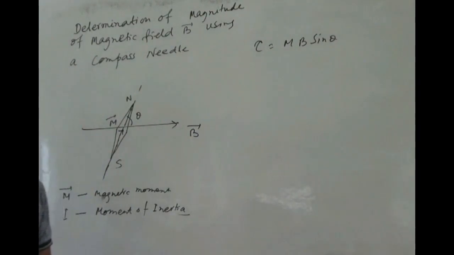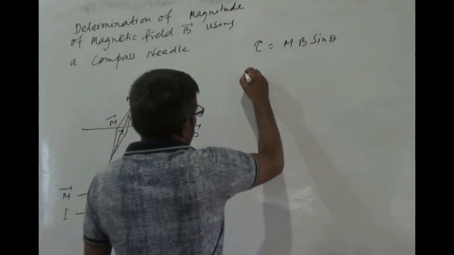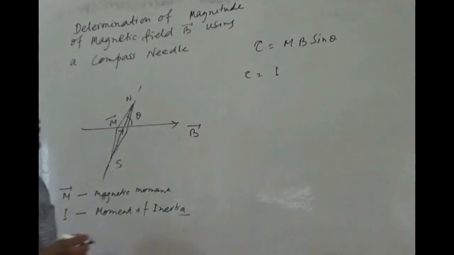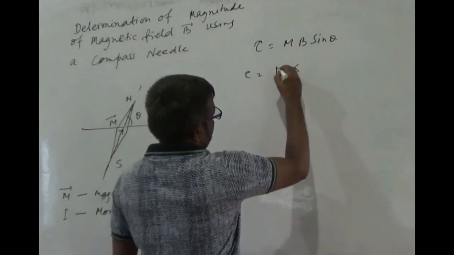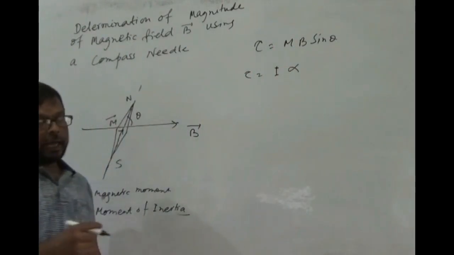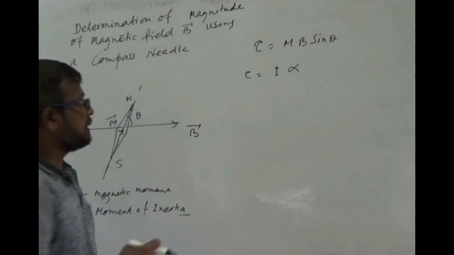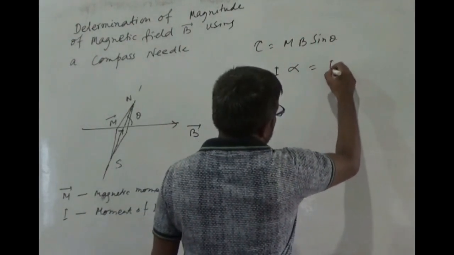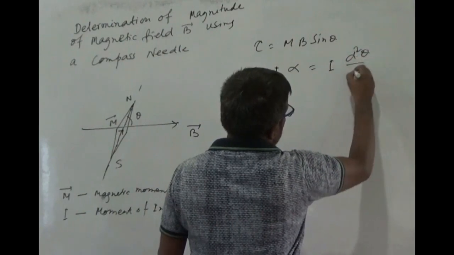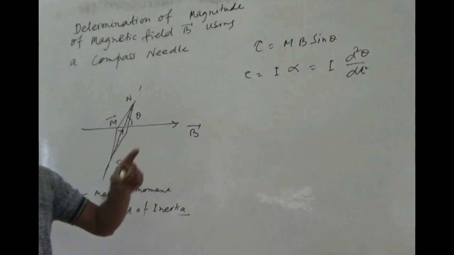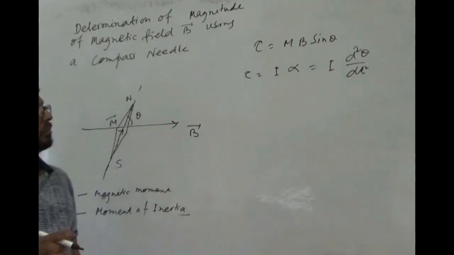But we know tau is equal to I into alpha, where I is the moment of inertia and alpha is the angular acceleration, and that can be written as I d2 theta dt square, where theta is the angle, which is called the angular displacement.